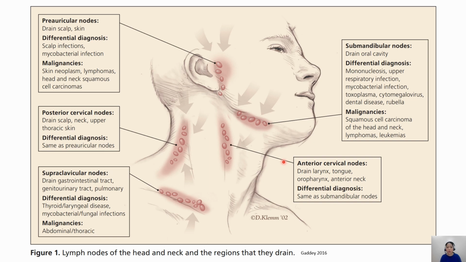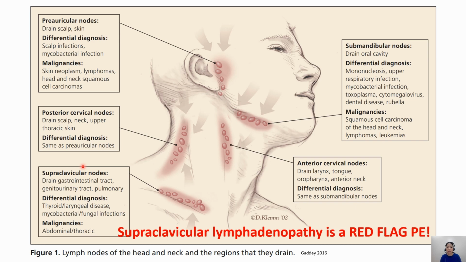Most of these cervical nodes, when they enlarge, infection is the most common cause, and you need to look for bacterial pharyngitis, dental abscesses, infectious mononucleosis, and tuberculosis. However, when you are presented with a supraclavicular lymph node, it is already a red flag on physical examination because supraclavicular lymphadenopathy is always abnormal.